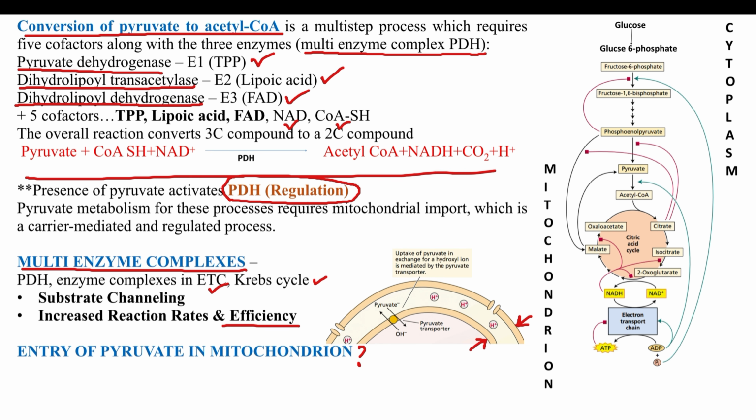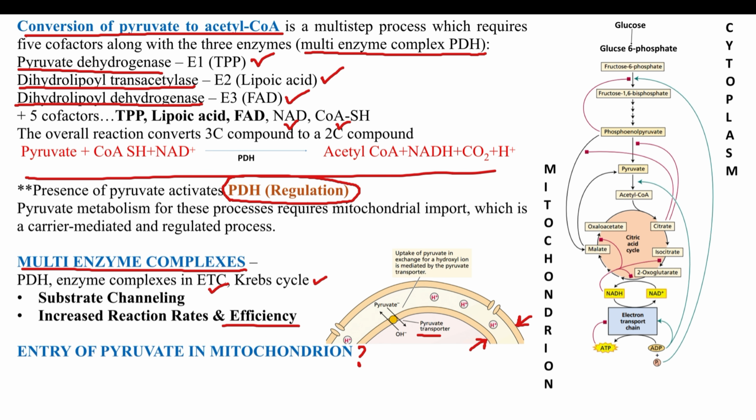Therefore, there are transporters which are required to push in pyruvate from the cytoplasm into the mitochondrial matrix, and these transporter proteins will help in the entry of pyruvate, which is supposedly a little bigger molecule for the inner mitochondrial membrane to allow passive entry.